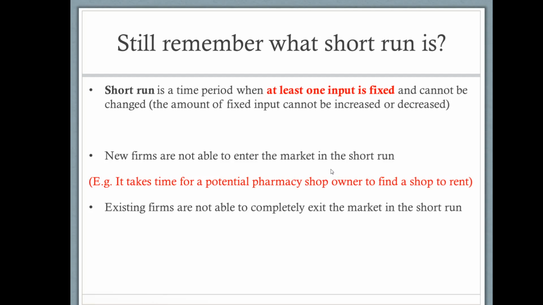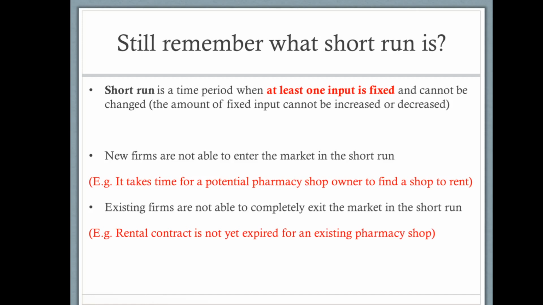If we use the same example that we used for the first point, shop renting, you will see. When you are renting a shop, there's always a rental contract. And when the rental contract is not yet expired, you still have to pay the rent every month.